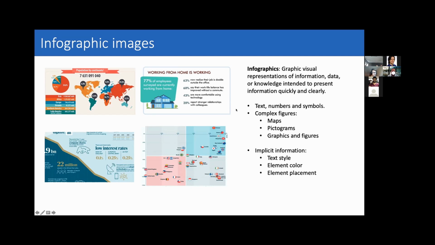In addition, in these infographics there is some implicit information, like the text style, the element colors, and where the elements are placed, which indicates some information. For example, if we find different elements with the same style and the same color in different places of the image, probably these 2 elements have some kind of semantic relation.